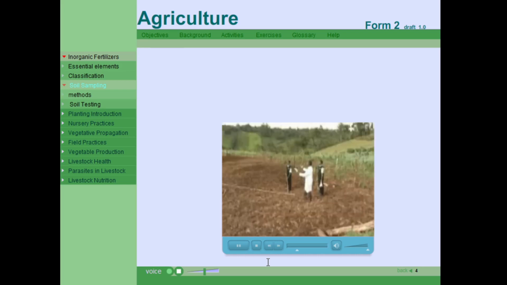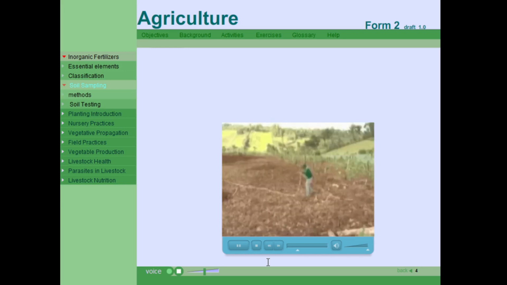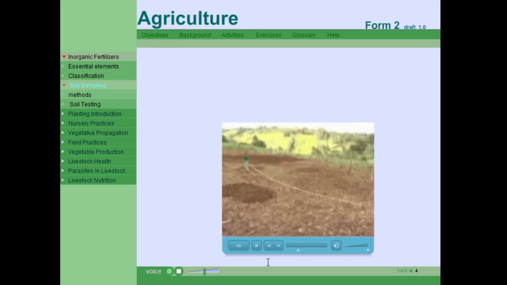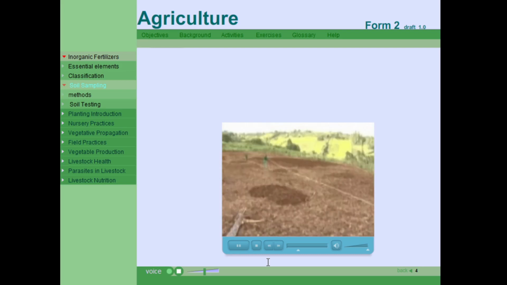In traverse method, usually we identify the 4 corners of our field and we make diagonal lines in our field. We shall then collect samples along each diagonal line of our field.